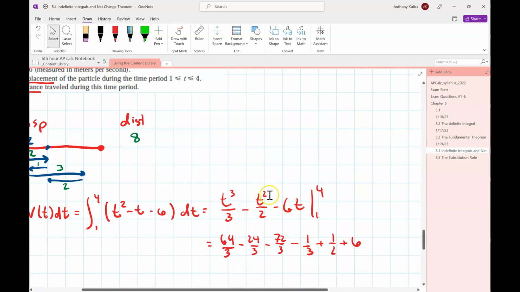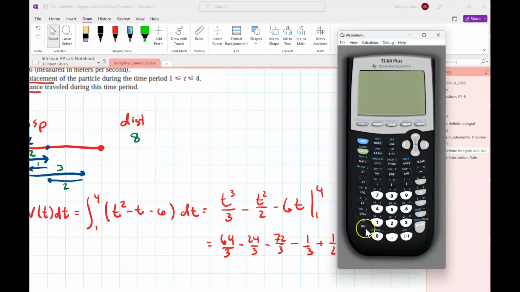Can I point out to you an easier way of doing this on your calculator? One way you can do this is if you type your antiderivative into the y equals menu. So I can do that.